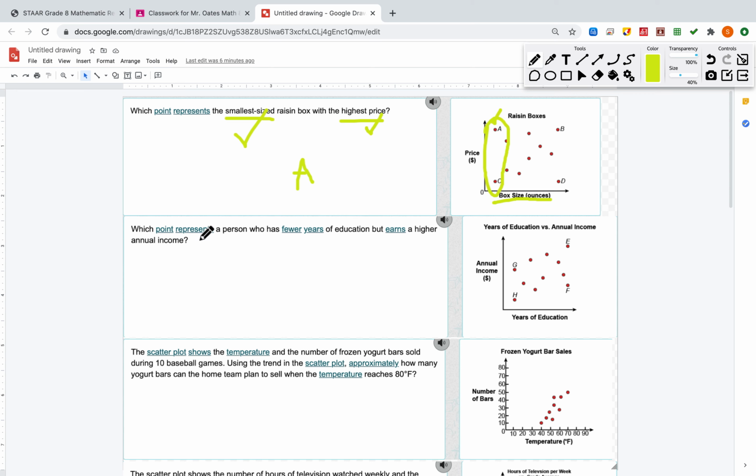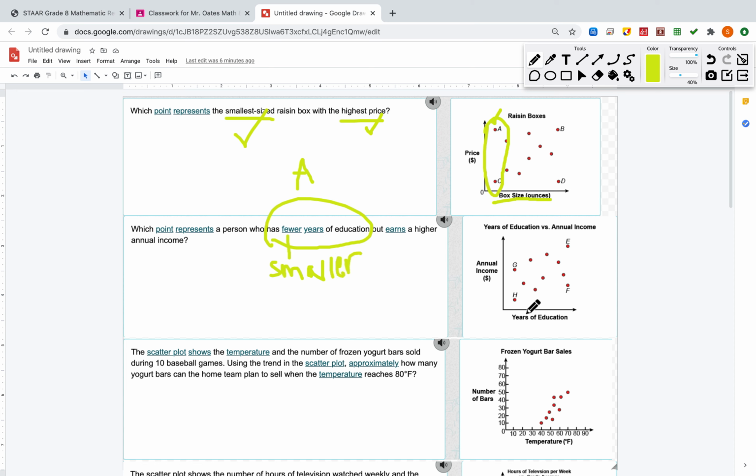Which point represents a person who has fewer years of education but earns a higher annual income? First we're going to start with the years of education, and fewer would mean smaller. So we're looking for the ones with the smaller years of education.